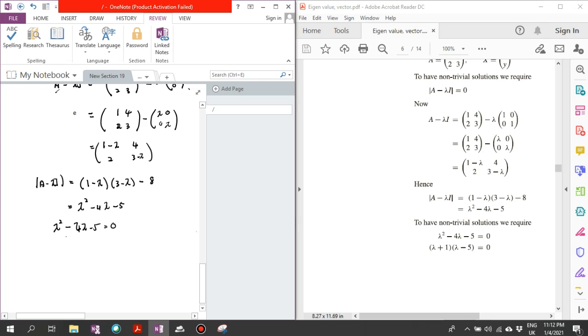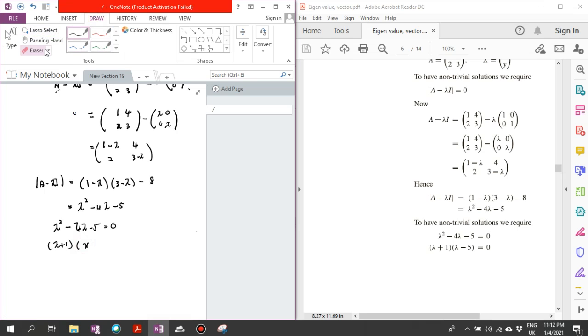So you get two values: lambda equal to -1 and lambda equal to 5.